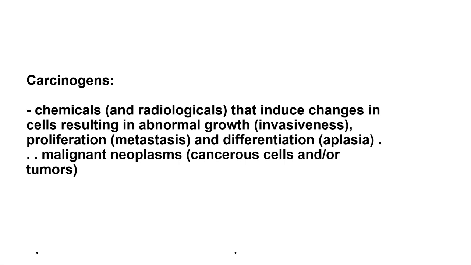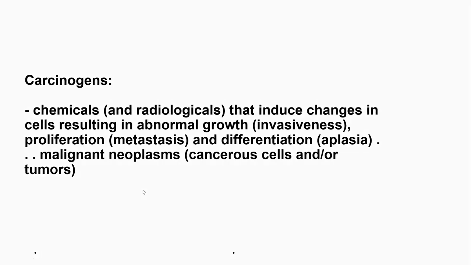So HBV, Epstein-Barr virus, and so forth as well. But when you talk about carcinogenesis, there first has to be induced changes, and that's associated with abnormal proliferation of cells, and then invasiveness of that, spreading of it, the metastasis, and then differentiation of cells, leading to what would be diagnosed as a cancerous or carcinogenic effect.